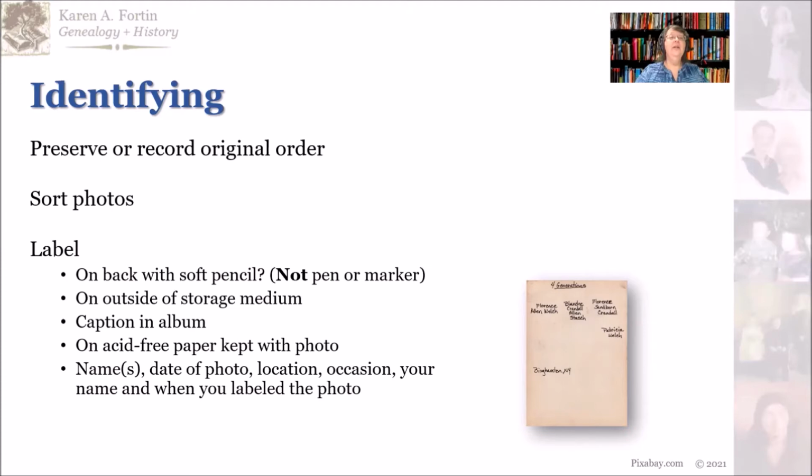If you inherit a collection of photos, such as in a box or in a photo album, first try to preserve or at least record the original order of the photos in that collection.